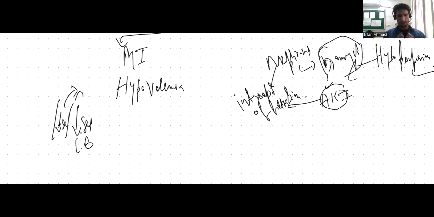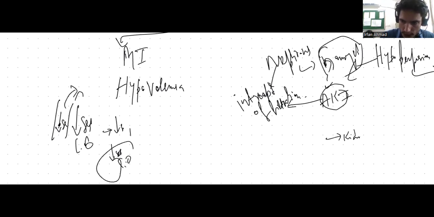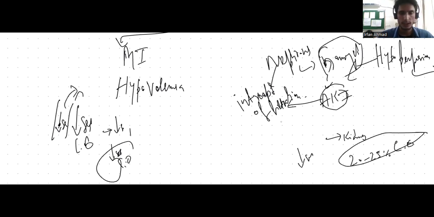When the myocardium contracts, it pushes less blood to the aorta. So there will be decreased blood in the aorta, which causes decreased cardiac output. Kidneys receive 20 to 25% of cardiac output, so there will be decreased blood supply to the kidneys that could damage them and cause acute kidney injury. So the first cause was MI, the second was hypovolemia.